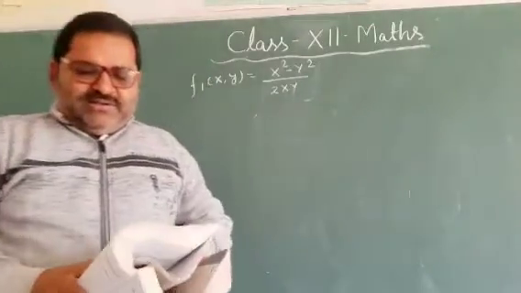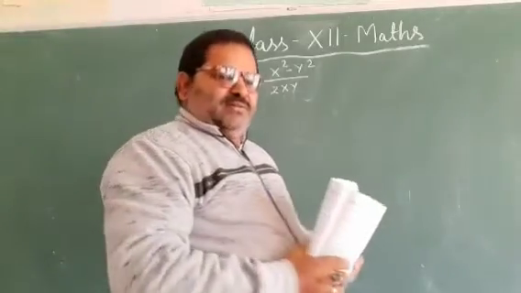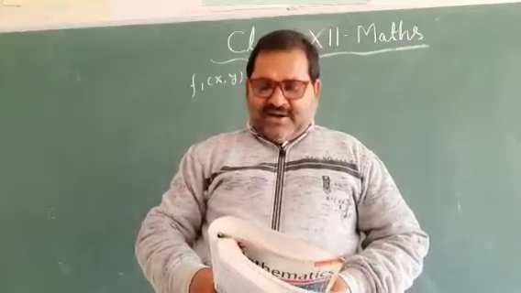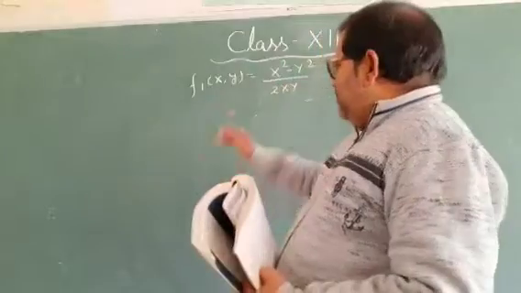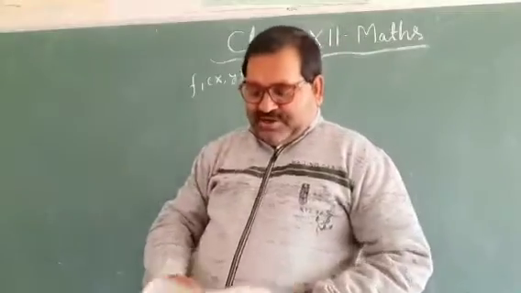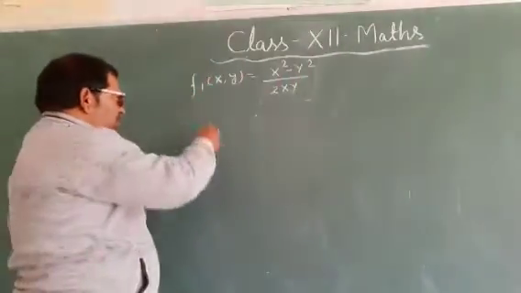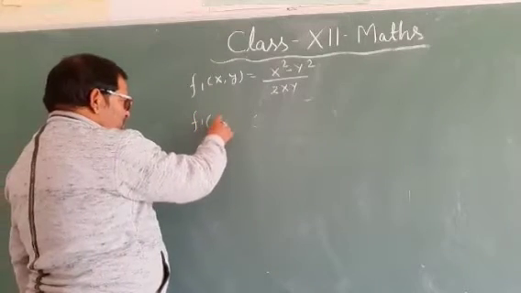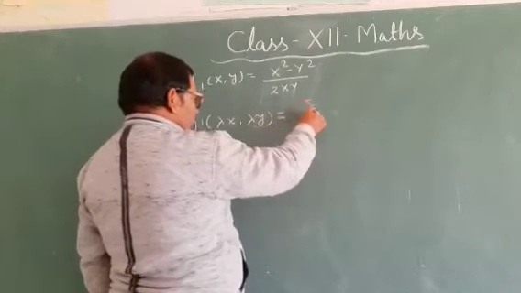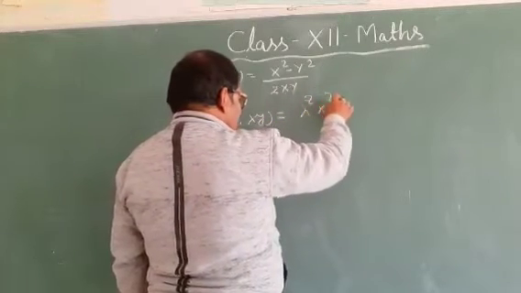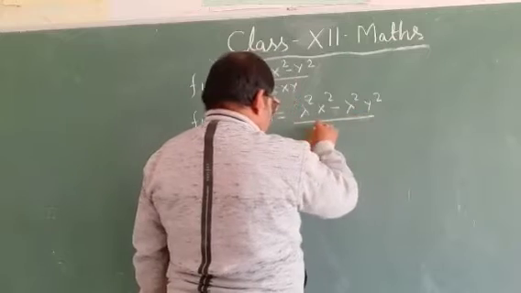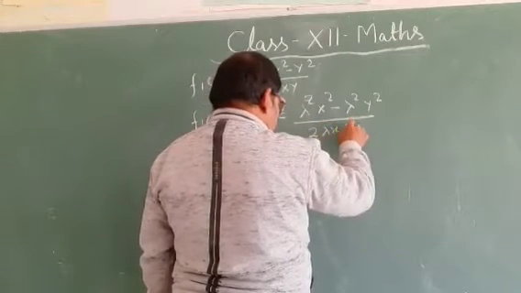If we replace x by lambda x and y by lambda y in the above mentioned function, we should get f1(lambda x, lambda y) equal to (lambda square x square minus lambda square y square) upon 2 lambda x lambda y.